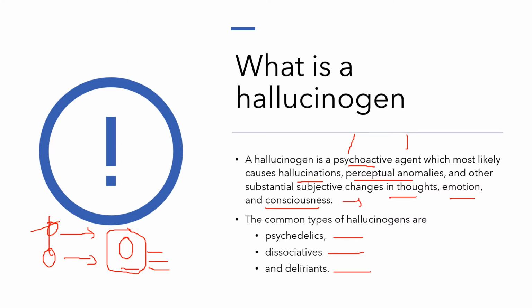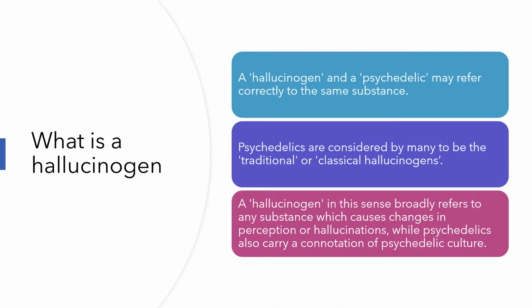Psychedelics. So what is a psychedelic? It is a hallucinogen. That is a category of three hallucinogens: psychedelics, dissociatives, or deliriants. But we are going to talk here about the psychedelic. It may refer correctly to the same substance as a hallucinogen, because hallucinogen is like an umbrella term and psychedelic can be part of it, so it is a hallucinogen.